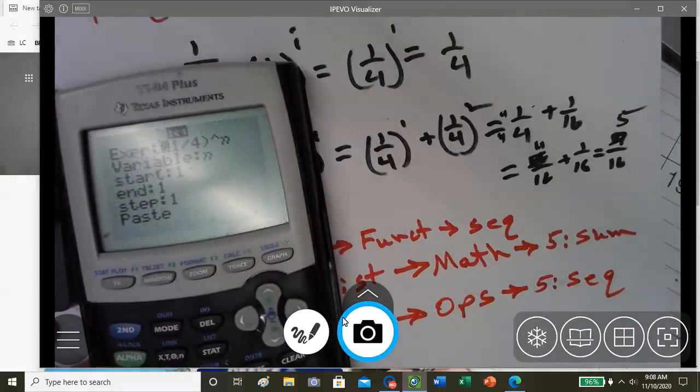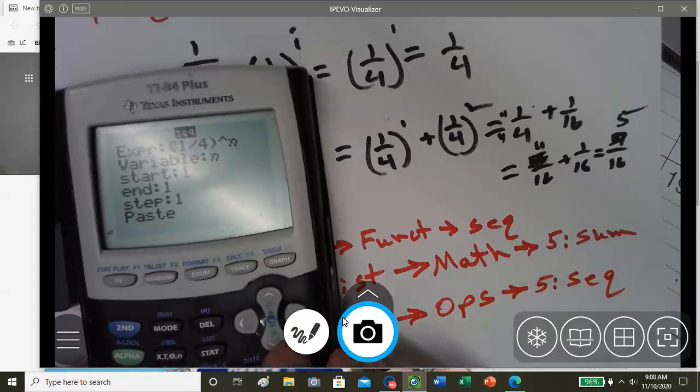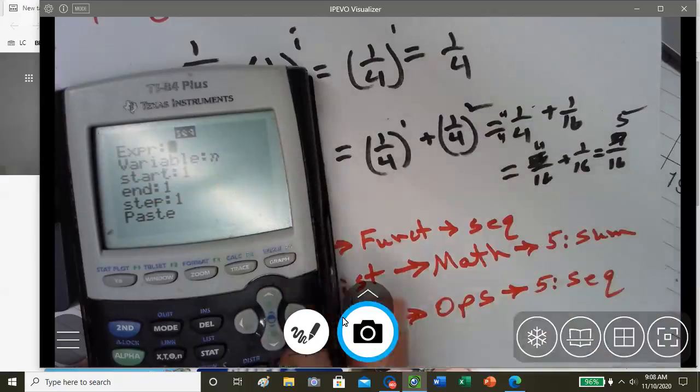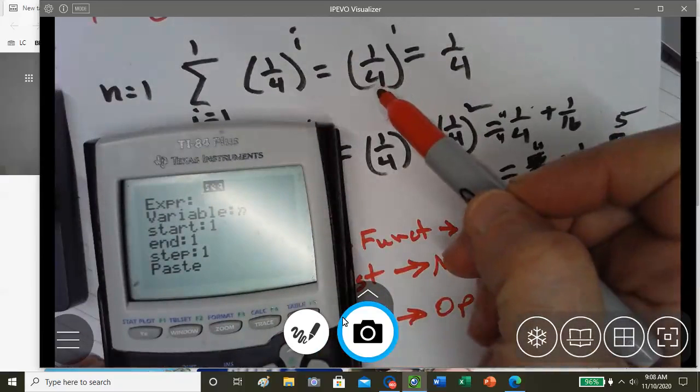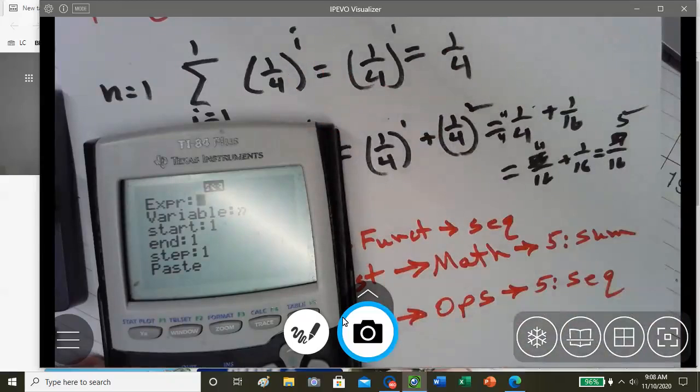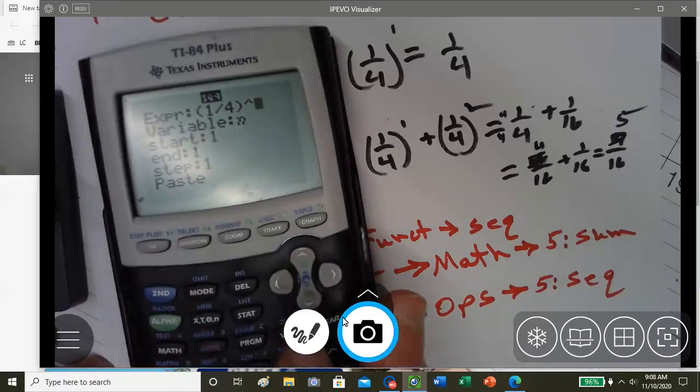So we select 5. All right, so from here we go ahead and type in our expression, which is going to be 1/4 to the i power. So open parentheses, 1 divided by 4, close the parentheses, exponent, and then we select our variable.